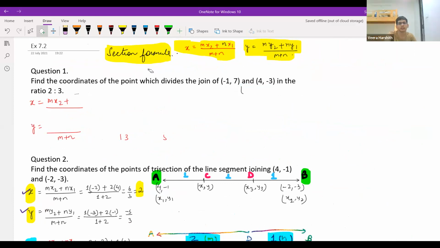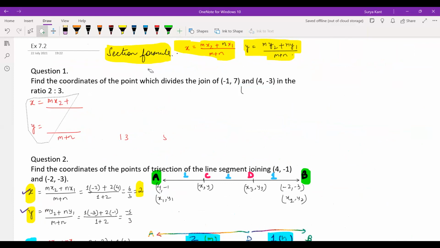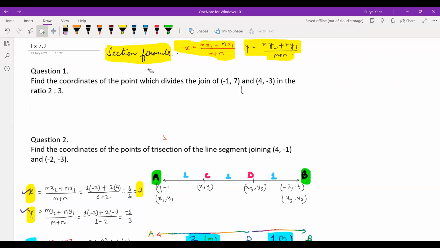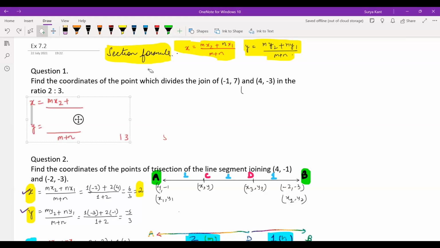Do we take M as 2? Obviously, yes. If you don't know, just make one line over here, you'll get it properly. So M is 2 and N is 3.